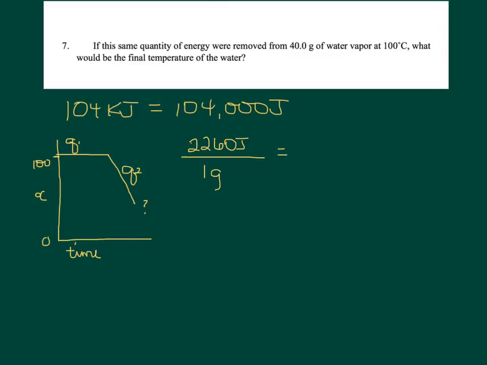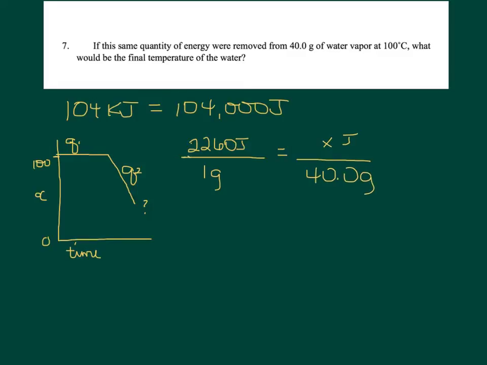So let's see how many joules we're going to need to change the 40 grams of water that I'm dealing with in this problem. So how much energy is going to be required? How much energy am I going to remove in order to condense 40 grams of water?